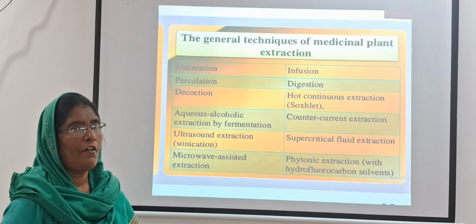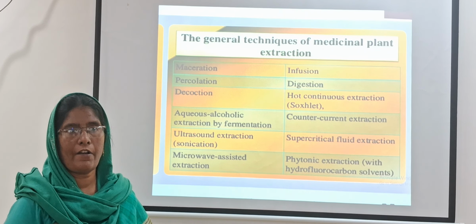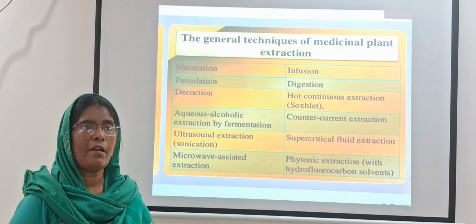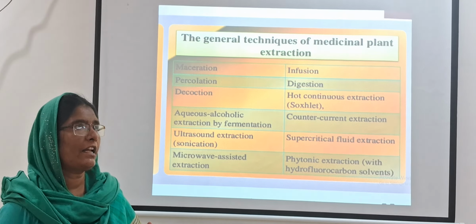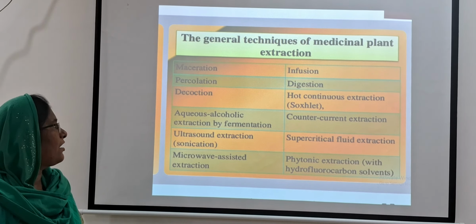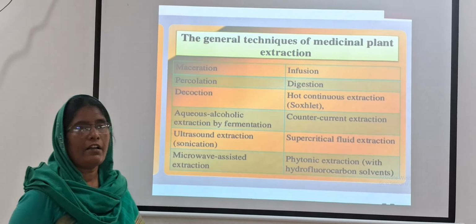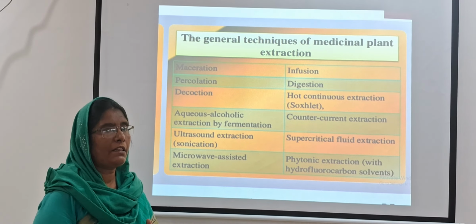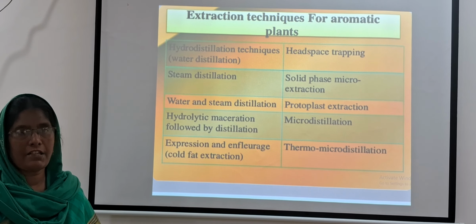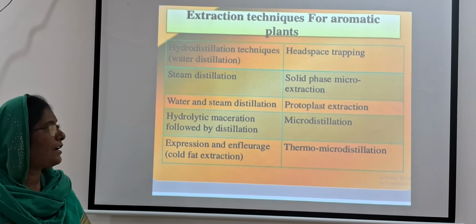Next we go to the extraction methods. There are various methods available, divided into two parts: conventional methods and modern methods. Conventional methods involve maceration, percolation, decoction, fermentation, infusion and digestion. These are the olden methods. Modern methods involve countercurrent extraction, supercritical fluid extraction, microwave assisted extraction and ultrasonification.